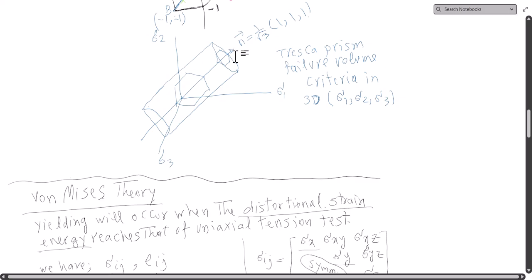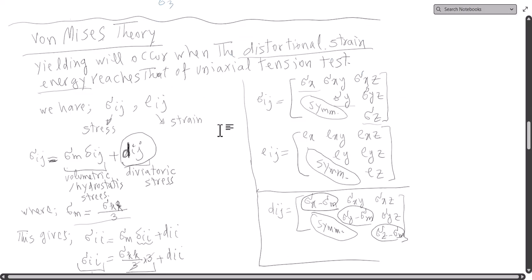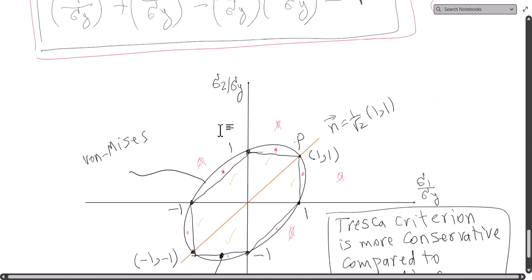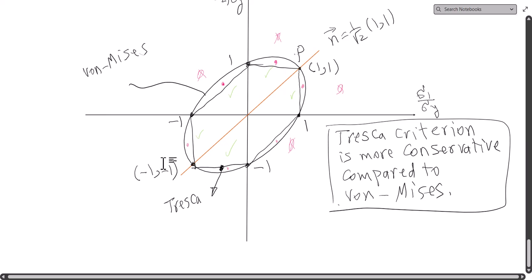This vector, we can actually move our elliptic von Mises criteria along that axis and get a 3D shape. That is called a von Mises cylinder.